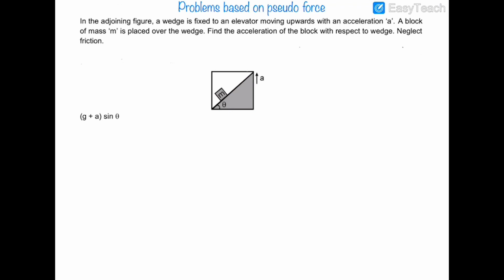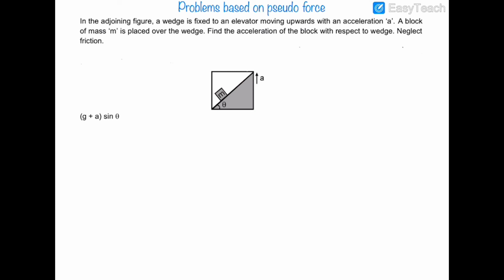Hello guys. Now in this video, I'll be giving you a numerical package which is based on pseudo force. Starting from the first question, you can see an inclined plane is fixed inside a lift which is going in upward direction with acceleration a, and we have to find out the acceleration of block of mass m which is placed on the inclined plane with respect to the inclined plane.